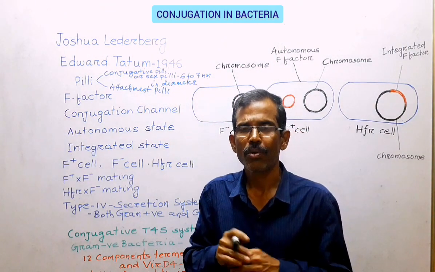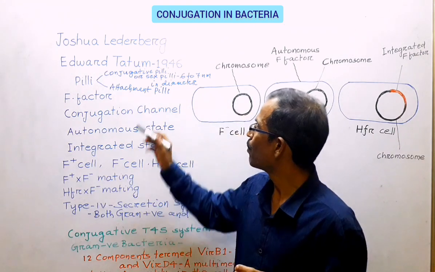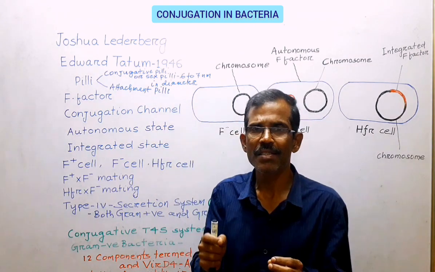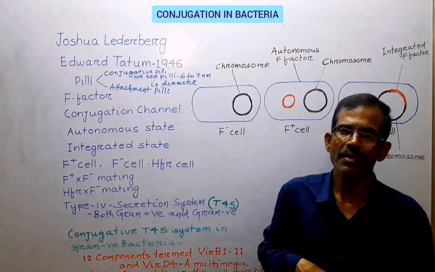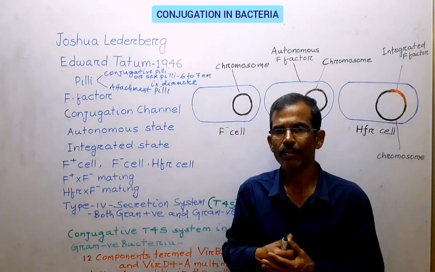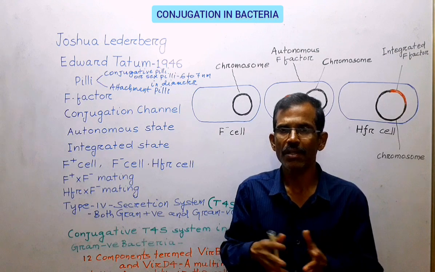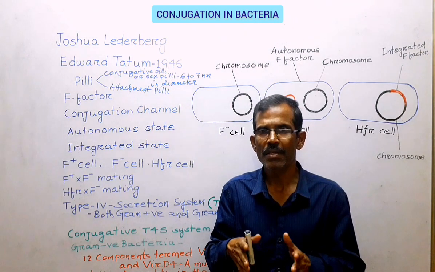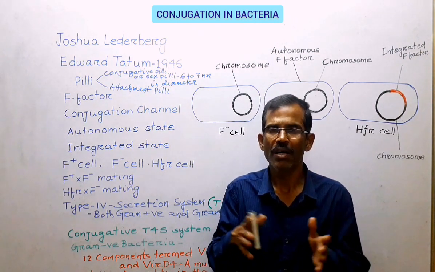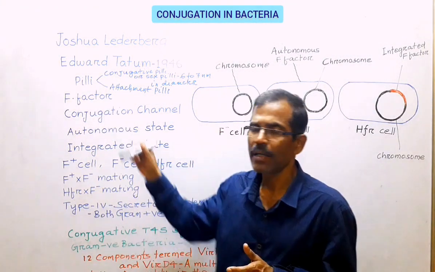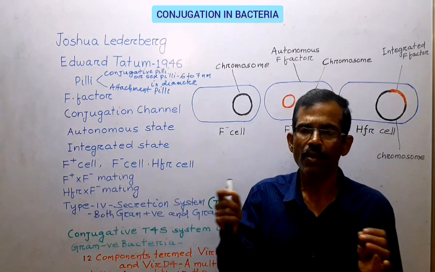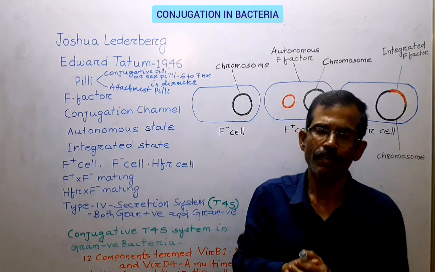Perhaps the most well studied example of sex pili is the F pili of E. coli. The synthesis of F pili is controlled by genes that are present in a circular double-stranded DNA molecule called F factor, or sex factor, or fertility factor.